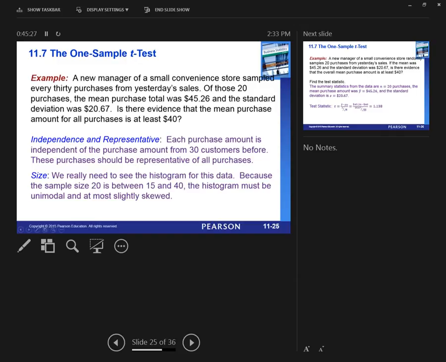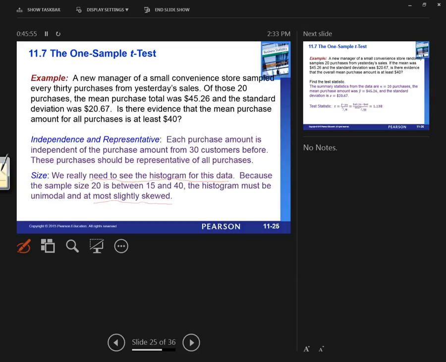And so we got 20 purchases. And the sample size requirement for the mean requires a histogram. We don't have it, but we would really need to see the histogram for this data, so we really have to reserve judgment. We're going to go ahead and calculate it, but the test is valid as long as the histogram was at most slightly skewed.